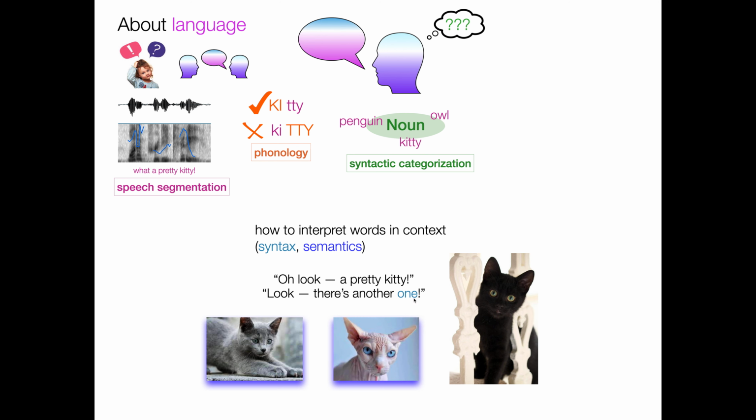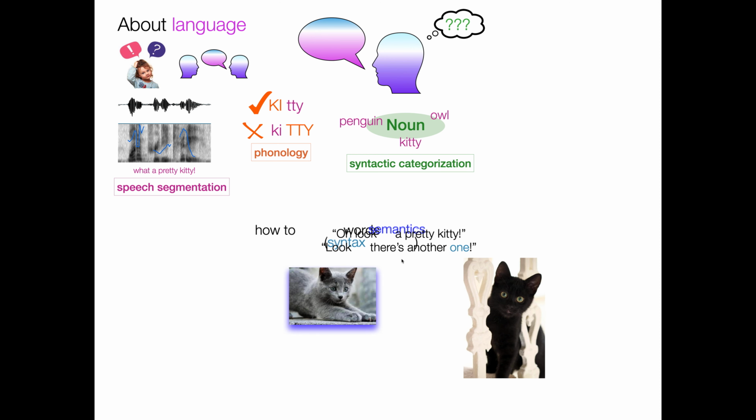Both of those can work in context. But you know what it doesn't mean? It doesn't mean another wombat. Why not? Why can't it mean another wombat? Well, it has to do with how you interpret one in this context right here with this kitty that has these properties and this utterance. That's your knowledge of syntax and semantics at work.